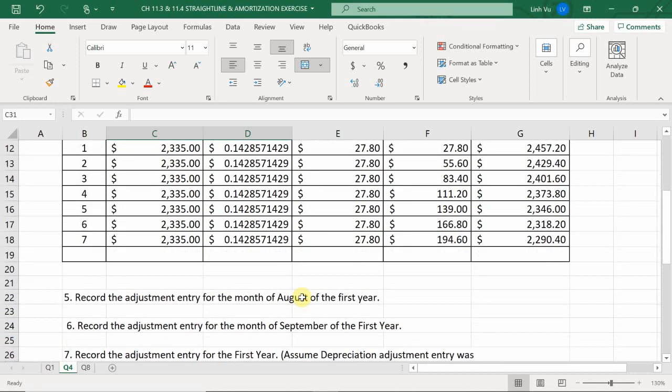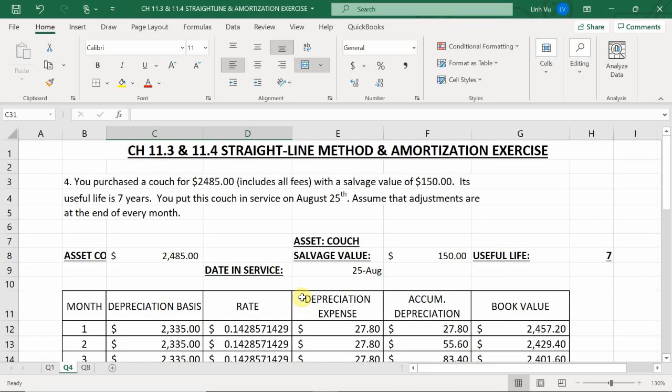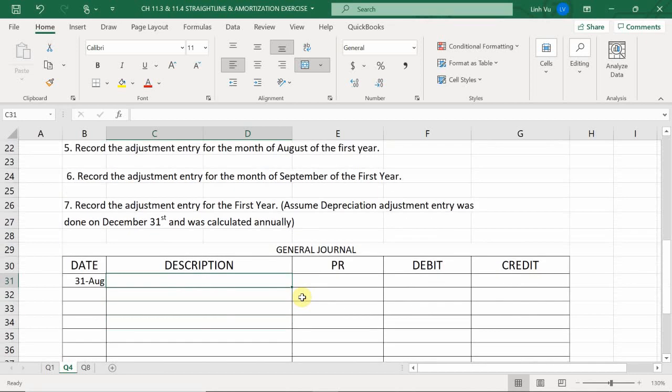Okay, so that's what you said, right? In this case, in the month of August, when did I place my asset into service? In September. Exactly. So in August for the first year, is there anything I can depreciate? No. So again, this is another trick question. There's no entry here because you don't depreciate until September.